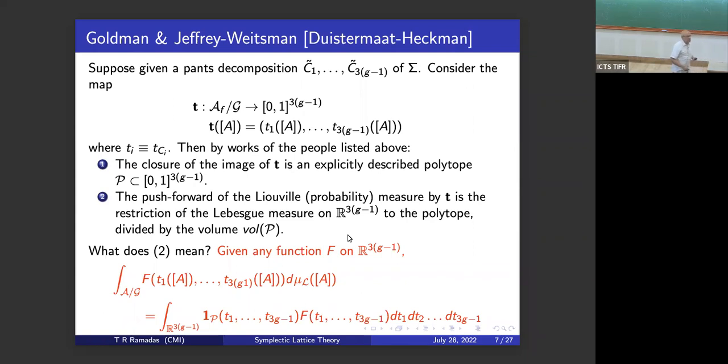This is the so-called Duistermaat-Heckman theorem, which doesn't quite apply here because of the singularities of A_F mod G. But nonetheless, because of Goldman's work and Jeffrey-Weitsman's work, you can fix things so that the consequences are still true. And this is the result that we hope to leverage to say something interesting about lattice gauge theory integrals.